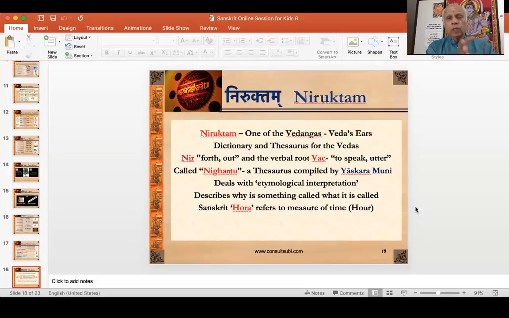So Niruktam is that particular part of the Vedas which deals with the beauty of words, provides you a dictionary and a thesaurus, and gives you a variety of meanings for a particular word, but also gives you many words equivalent to a particular word. So you just note more of information than anything else. Okay.